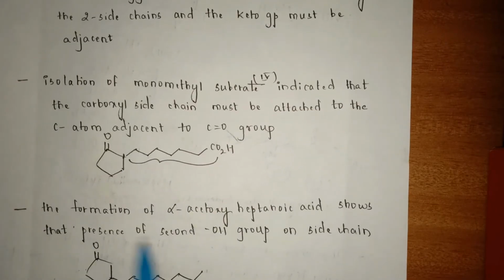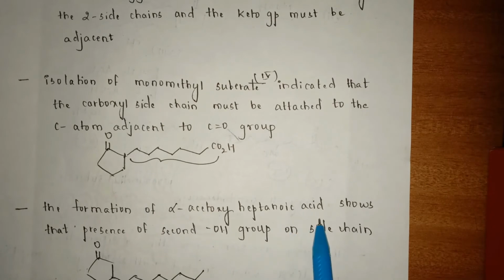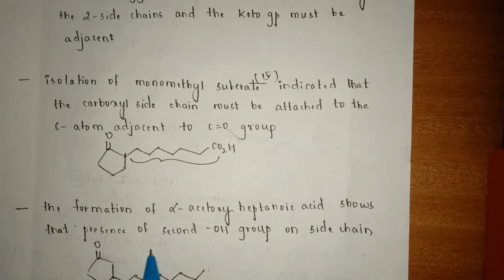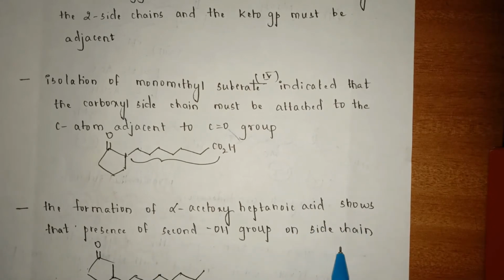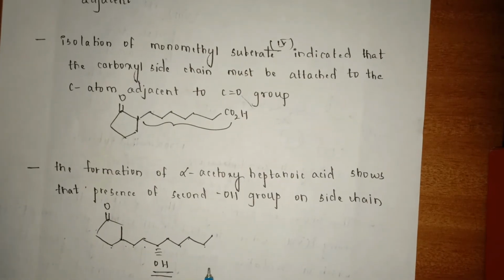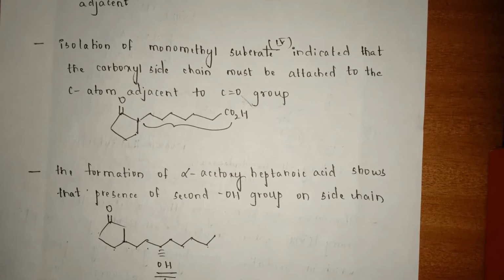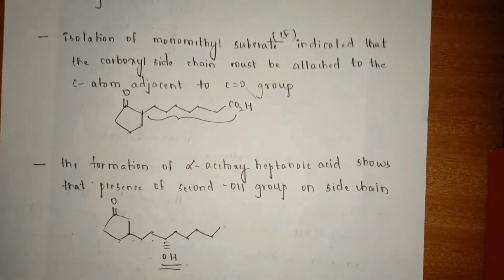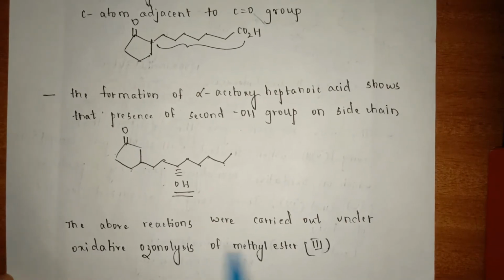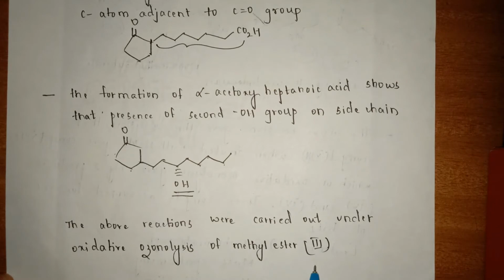The formation of alpha acetoxy heptanoic acid shows the presence of a second OH group on the side chain. So the isolation of alpha acetoxy heptanoic acid confirmed the presence of OH at position number 15. These reactions were carried out under oxidative ozonolysis of the methyl ester.